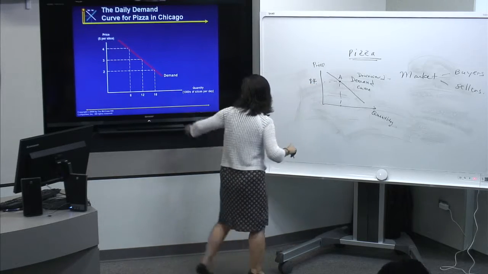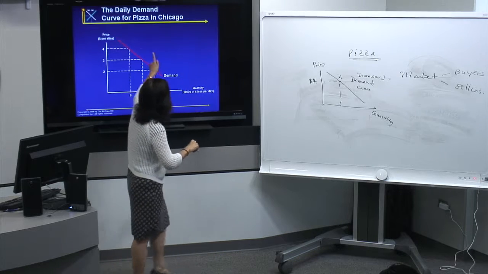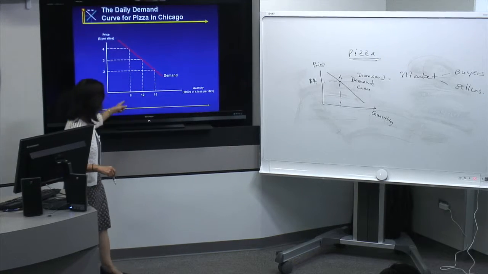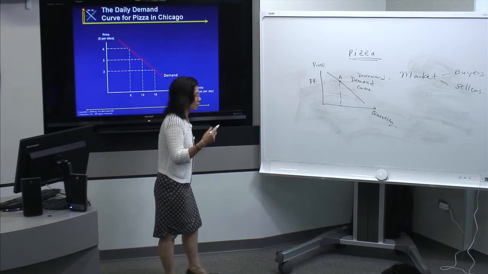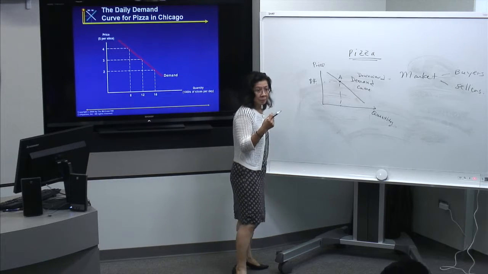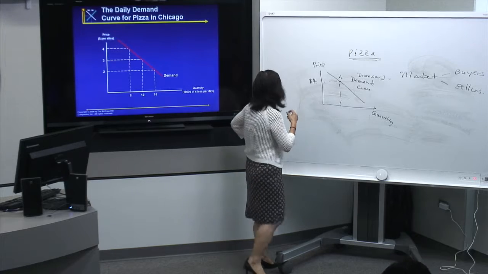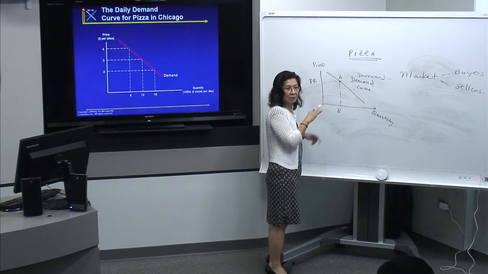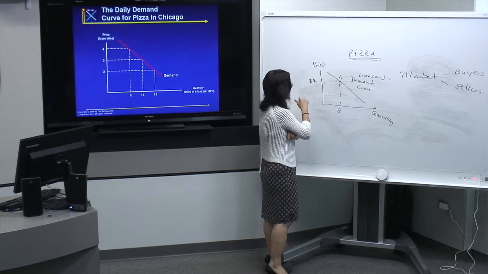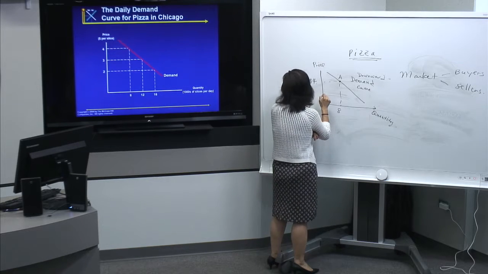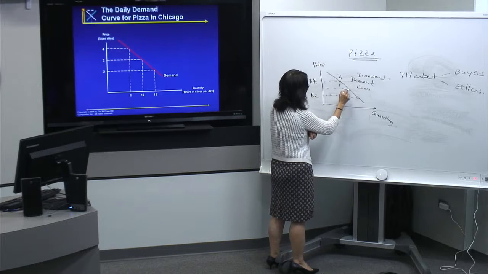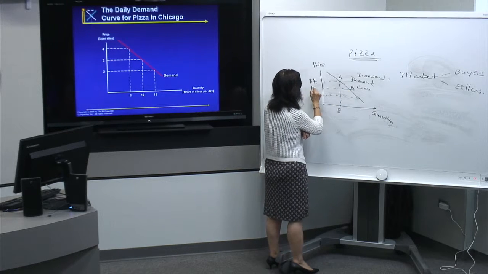Now I know that this is talking about pizza in Chicago and it's in thousands of slices, but I want to work at a scale that you could understand. So let's just say it's 8 slices of pizza. It's still 8,000, it doesn't matter. So if we drop the price, let's say to $3 first, that would be the next point.